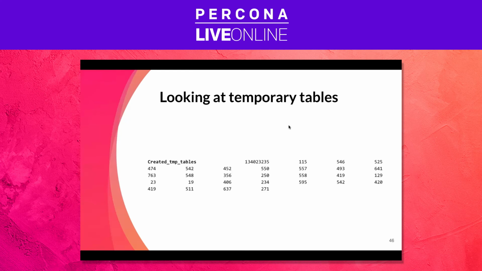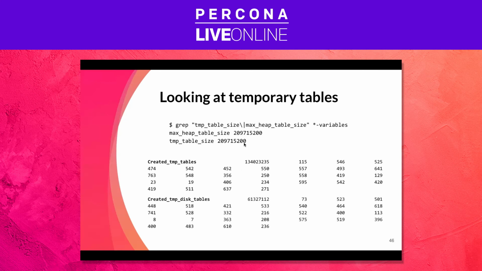And here is a status counter that counts how many temporary tables are created every second. And this is based on a set of thresholds that we discussed previously. If they move above this, they're going to disk.